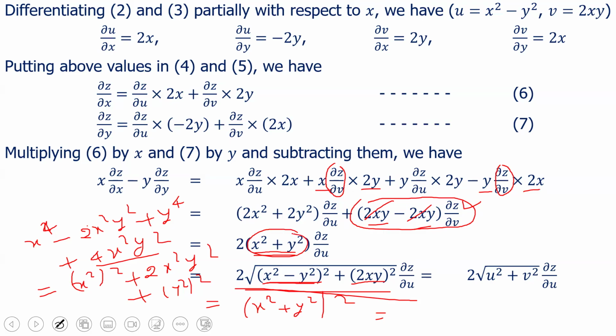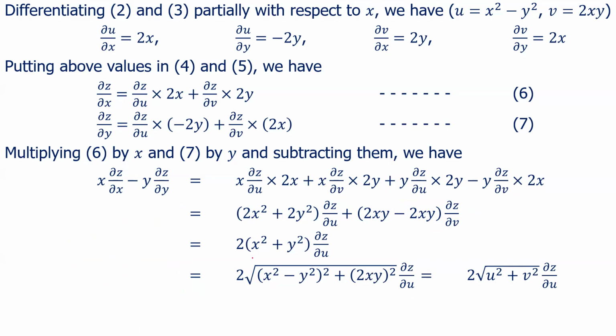So now we can write this x square plus y square as root over x square minus y square whole square plus 2xy whole square. And what is x square minus y square? It is nothing but u, and since it is squared, it will become u square.